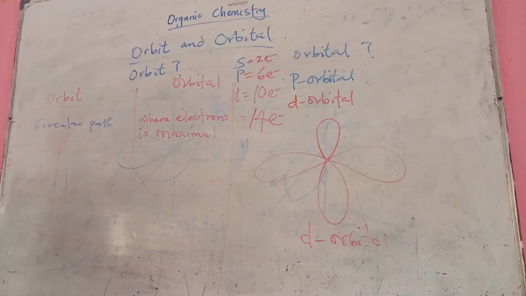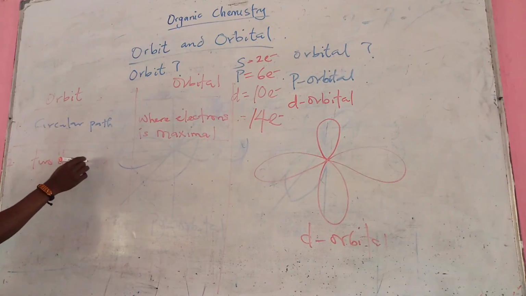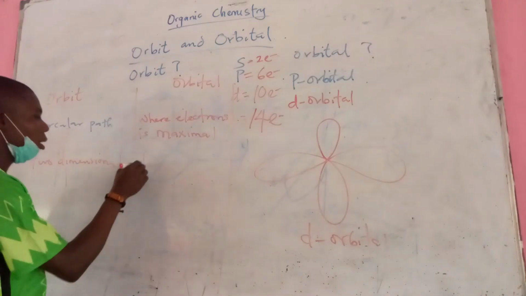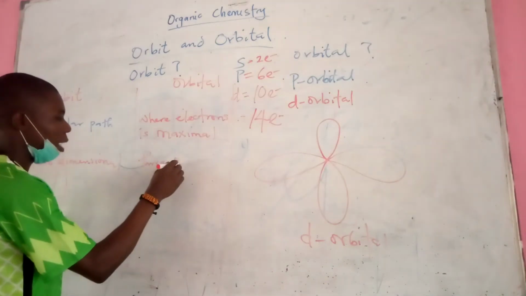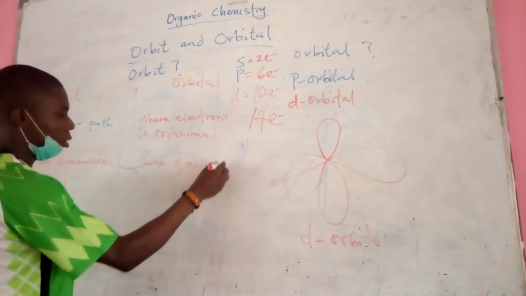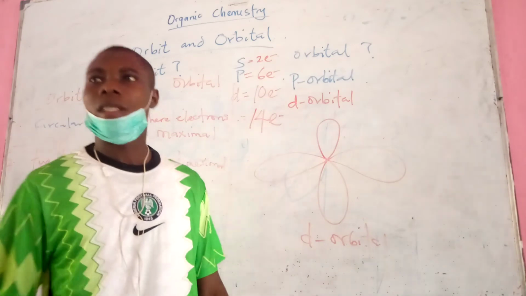The next difference between them is that an orbit is two-dimensional, while an orbital is three-dimensional.